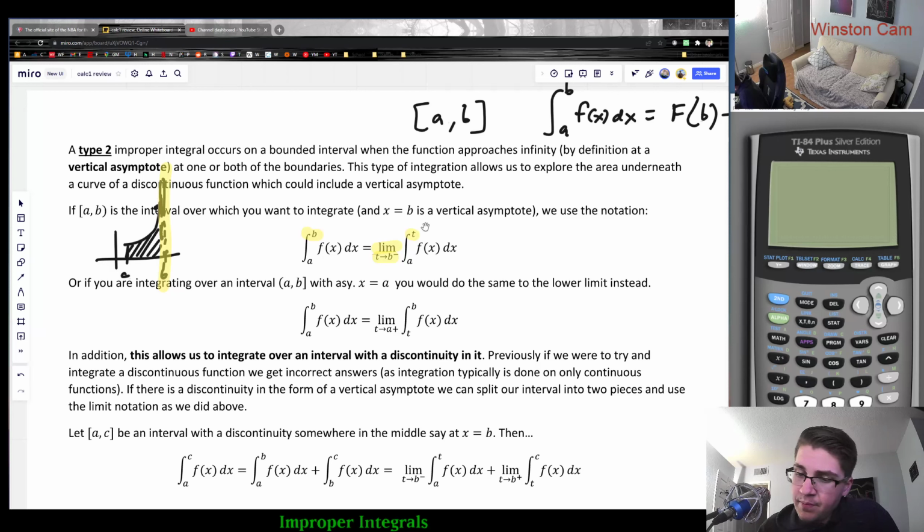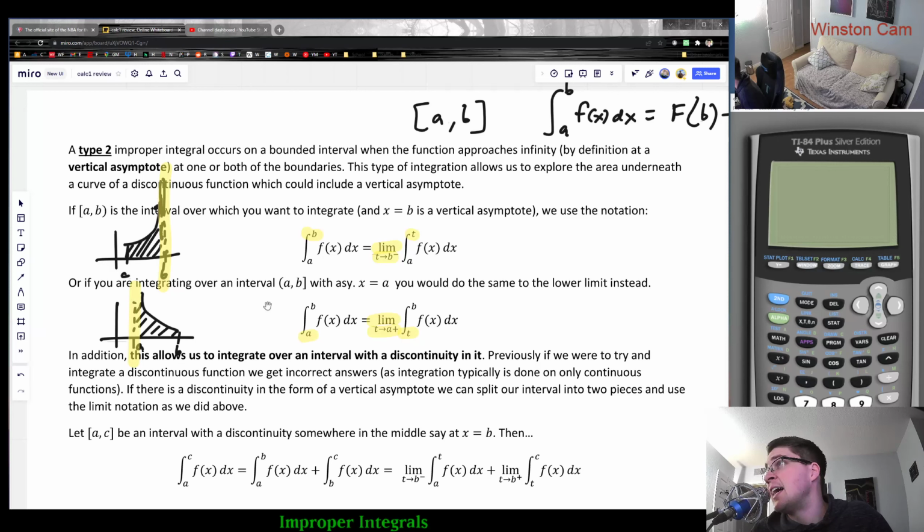Now, similarly, let's say our vertical asymptote was at a instead of b. So let's say that that's a and b is over here, and we had a vertical asymptote going down like that instead. And again, we wanted to consider the area underneath such a function with a discontinuity at the left side instead of the right side. Well, now here we would need to extract a as the limit and check out what's happening as we get closer and closer from the right.